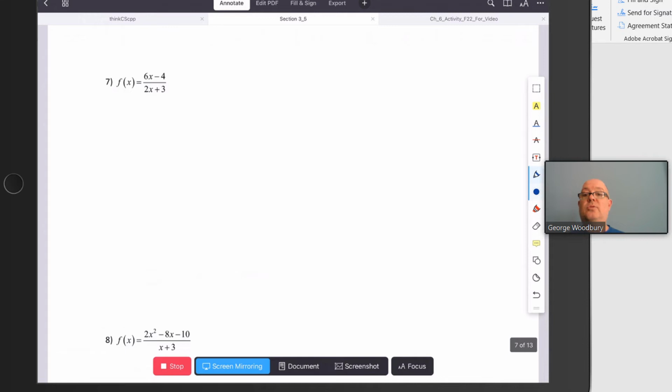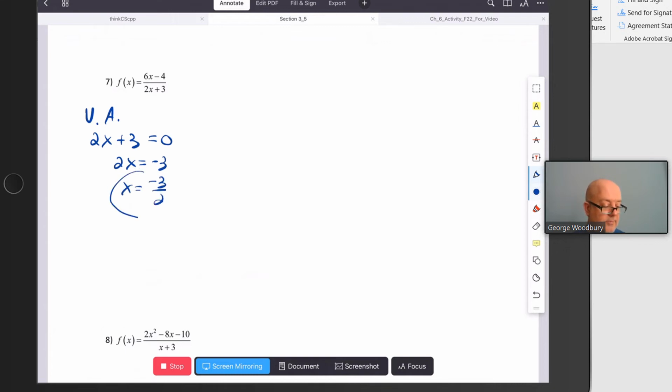F of x equals 6x over 2x plus 3. Again, I'm going to start with the vertical asymptotes. And since everything is as factored as it can be, I'm going to set 2x plus 3 equal to 0 and solve. My vertical asymptote here will be at x equals -3/2. Now, in the numerator, we have a degree of 1.